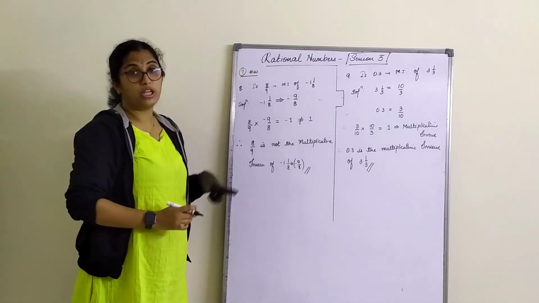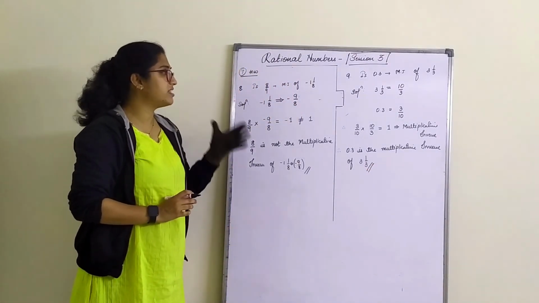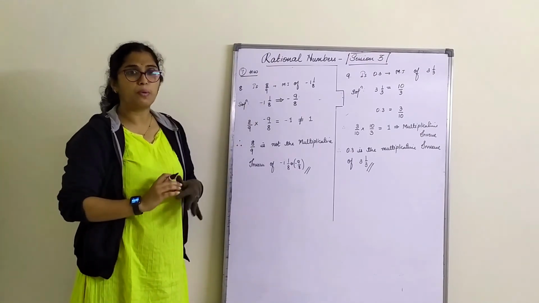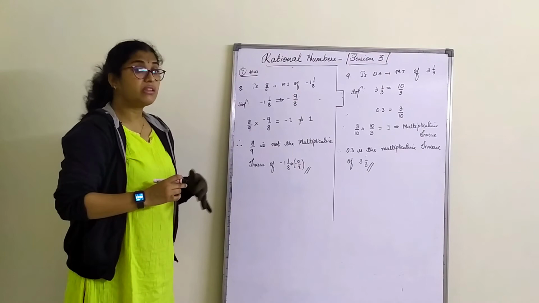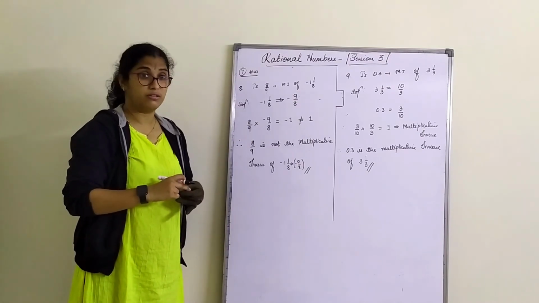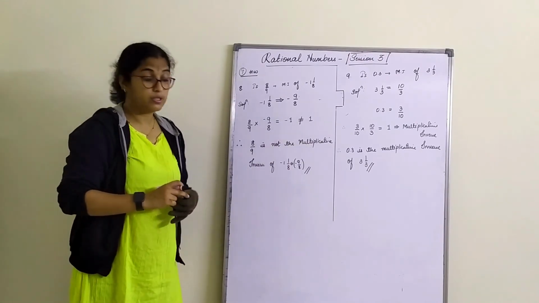Small correction which I have to do here, because that is not the inverse, that is a given number. We just converted the given number in the proper form, which was a mixed fraction. We converted that in the form of an improper fraction, okay? So that is what it is.